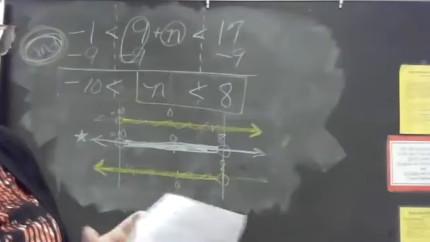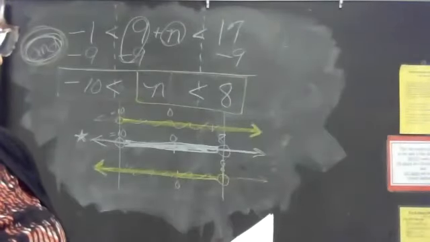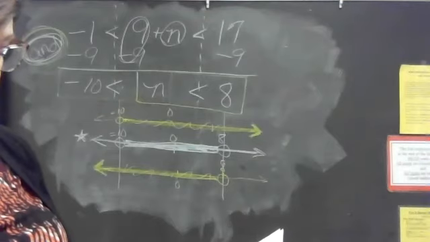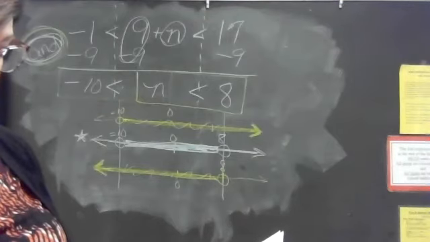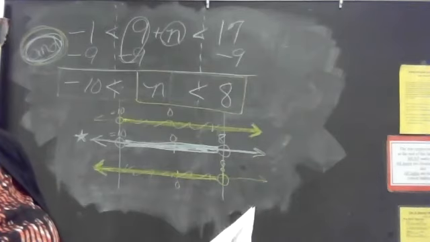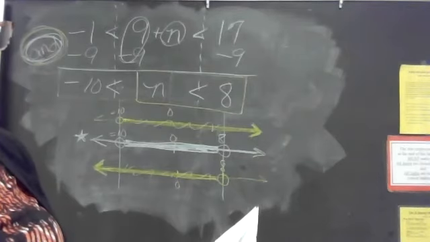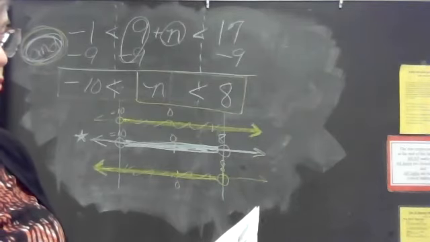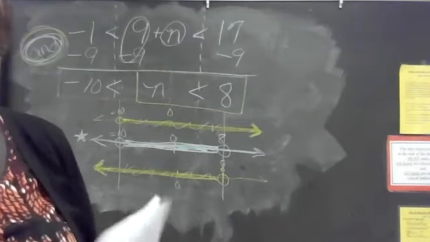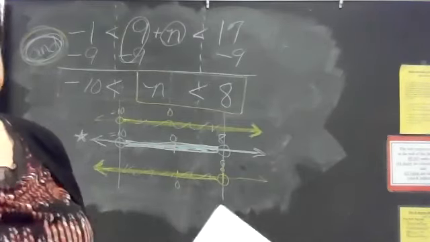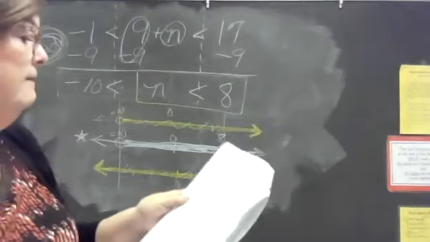Okay, let's look on the back of that page and see if I can find an "and." A lot of them are "or"s, aren't they? I think we should do number 13. It's on the back of this page. Let's do number 13, Sherry.